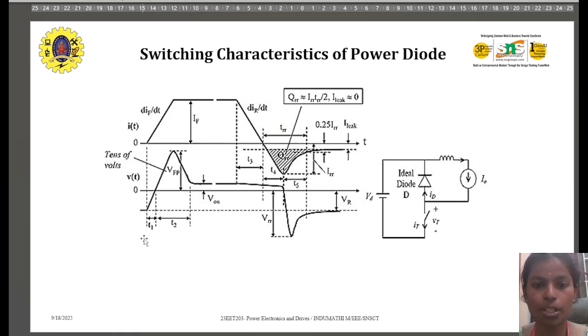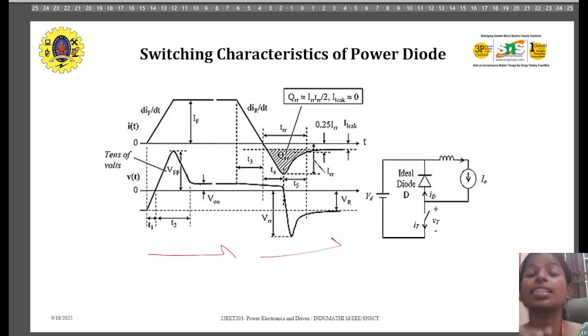So here switch on is T on. Okay, so this is your T on here. Here we have T on and T off as well. So first, turn on characteristics. When forward bias is applied, there is a small delay before the current rises. That is because of minority carrier injection.